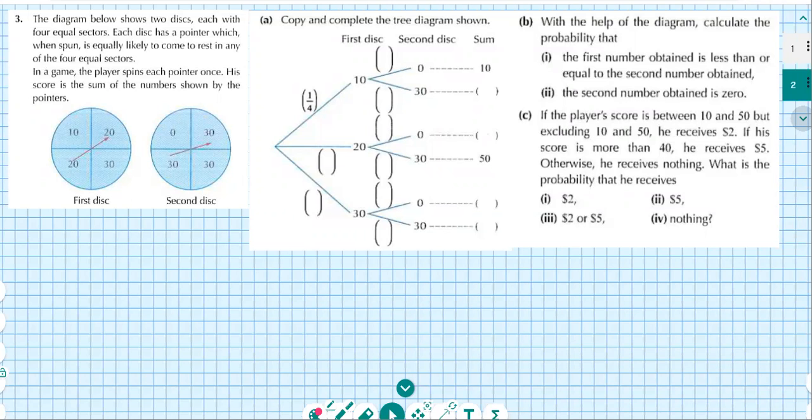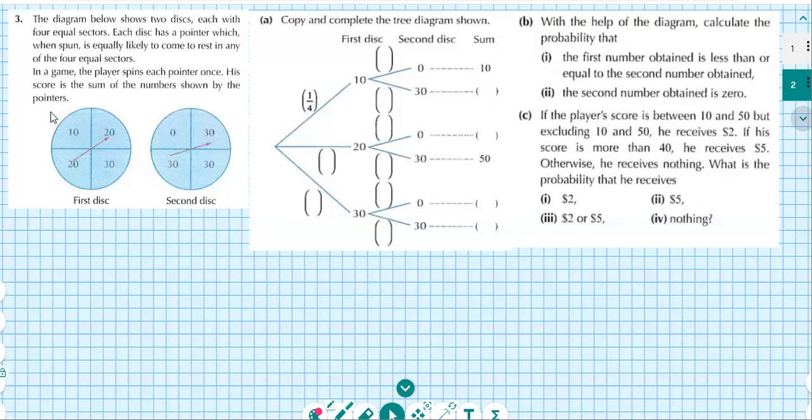Each disk has a pointer which, when spun, is equally likely to come to rest in any of the 4 equal sectors. In a game, the player spins each pointer once. His score is the sum of the numbers shown by the pointers.